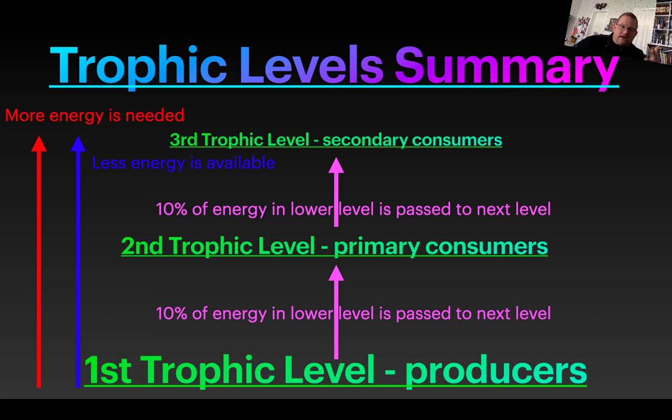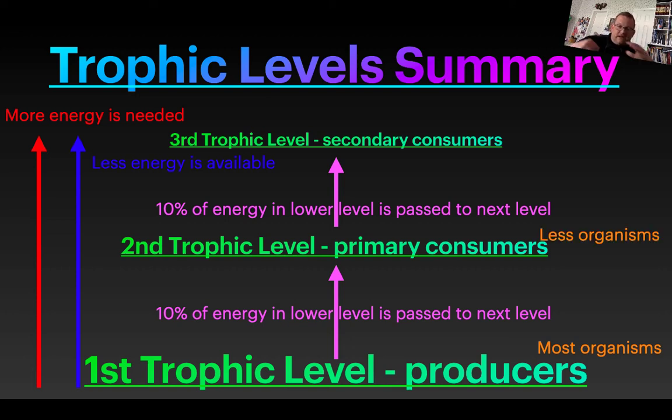So when we go from the second trophic level, primary consumers, to secondary consumers at the third trophic level, we only get 10% of the energy from that previous level. So we need more energy, there's less energy available, and we're only getting 10%. So what you discover is, if you go out and actually map this, which you're going to be doing today, the first trophic level, the producers, is going to have the most organisms.